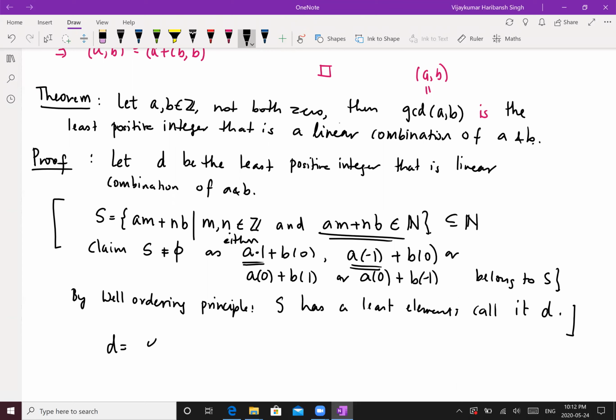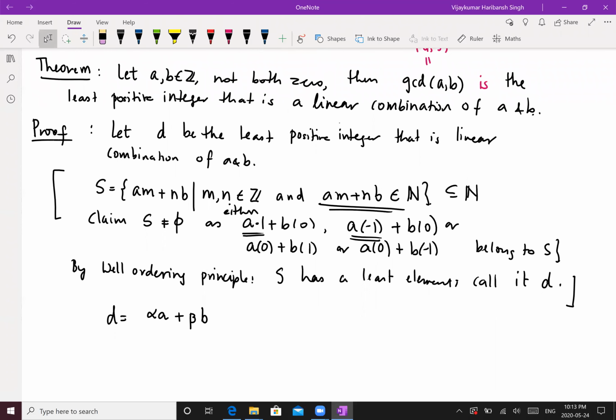So let's say d is of the form alpha a plus beta b. It's a linear combination of a and b. Right. Now we want to show the claim that d is equal to the GCD of a and b.